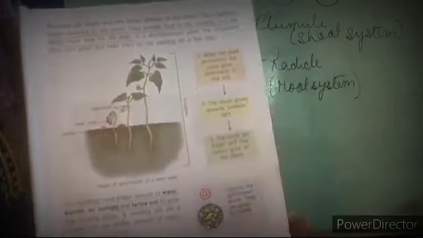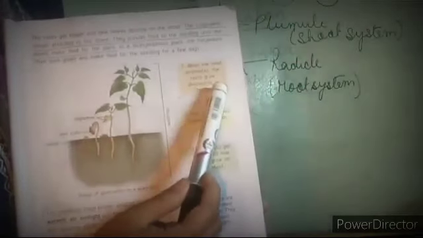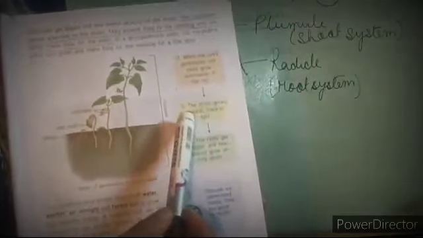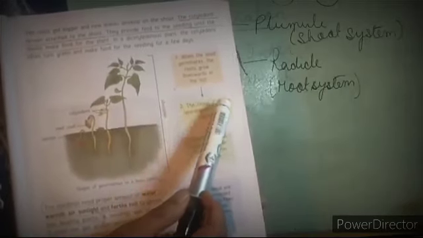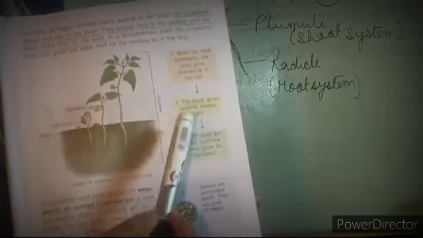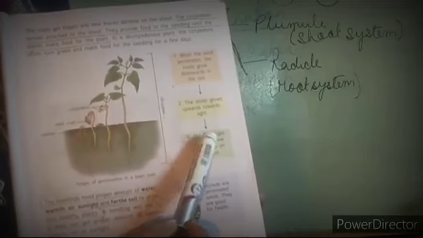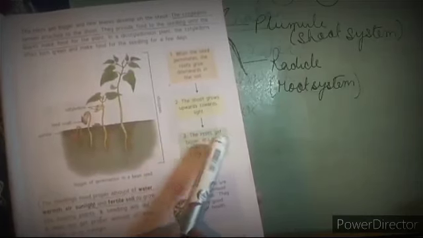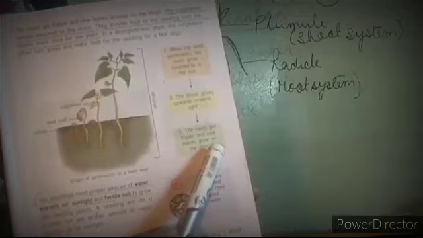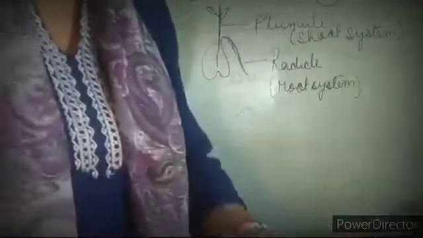So the stages are: when the seed germinates, the root grows downward in the soil. Then the second stage is the shoot grows upward towards the light. And the third stage is the root gets bigger and new leaves grow on the shoot. So these are the three stages of germination.